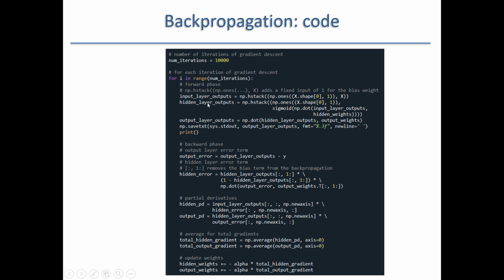Then we have the outputs of the hidden layer, which is the multiplication of the input times the hidden weights. We have the dot product of those, so that is Wx, and this plus b is not necessary because we have encoded the bias as one of the columns of our input.